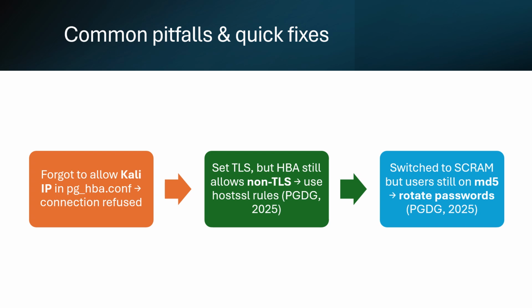Switching to scram without forcing users to rotate passwords leaves stale weak credentials in use. Also, verbose auditing can consume disk space if not managed. Consider log rotation and retention limits. Awareness of these traps helps you avoid false negatives during grading.